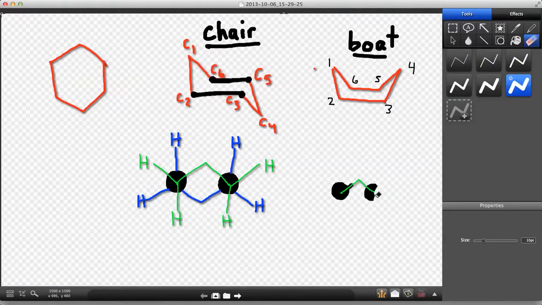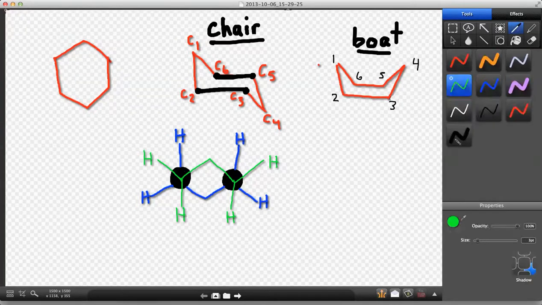I'm going to do a mulligan on this. C6, C2. I'm going to render those in green. C3 and C5 I'm going to render in black.